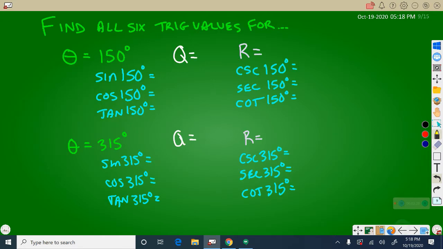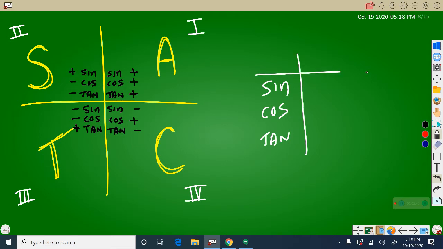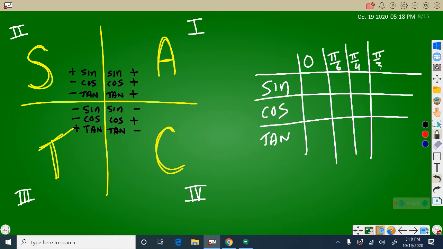Before we get to this example, the other thing I want to remind you of is the trig table that we are going to be dealing with. So this is a reminder of how to make it. You have sine, cosine, and tangent. And when we make our table here, our values across the top are 0, pi over 6, pi over 4, pi over 3, pi over 2. If we want to use degrees, that's 0 degrees, 30, 45, 60, and 90.